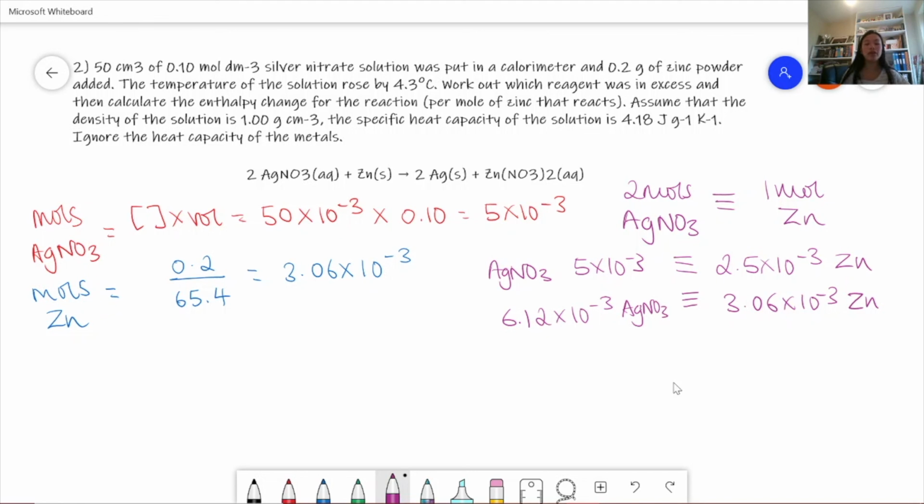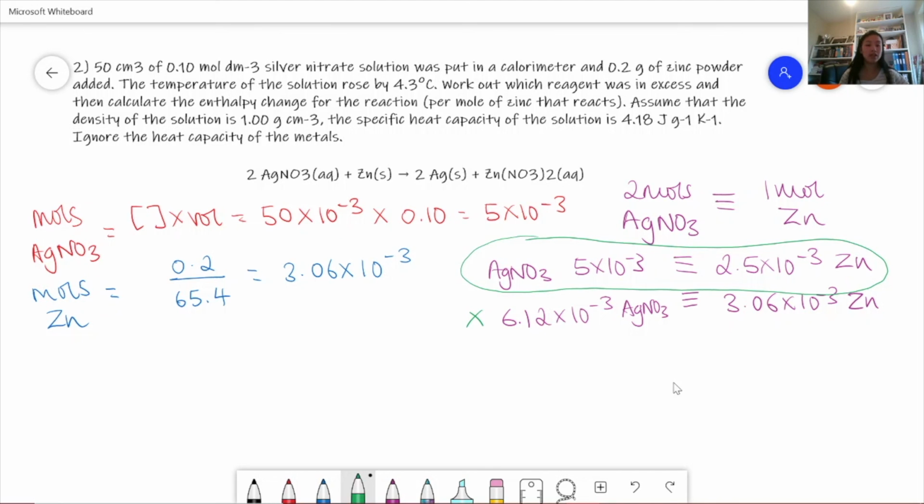So now we've written the ratios out, we can see that if we go with this method, we don't have enough of the silver nitrate because we've only got 5 times 10 to the minus 3, so we can't do this. So this must be happening.